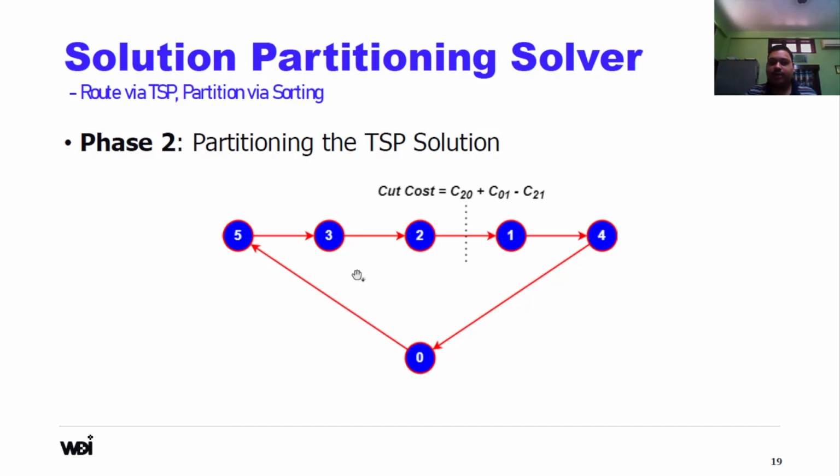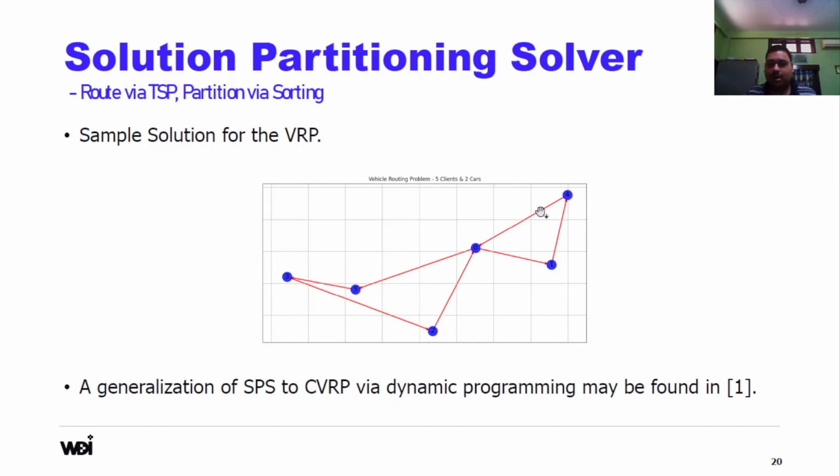And similarly, we can figure out the cut costs that are incurred by cutting the route at each of these points. Finally, to partition the route, we simply cut the route at the edge that incurs the minimum cut cost. So we do that here, and it turns out that it is optimal, in fact, to cut the route for this particular solution at the edge between 2 and 1. So we assign the nodes 5, 3 and 2 to the first vehicle, and the nodes 1 and 4 to the second vehicle.